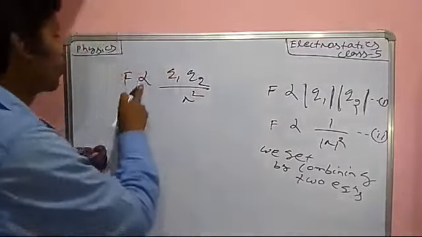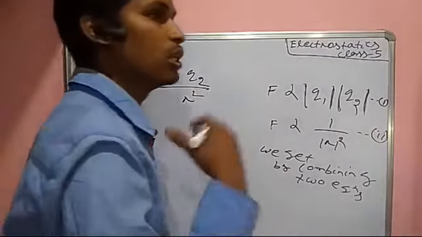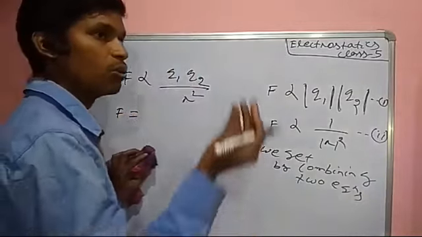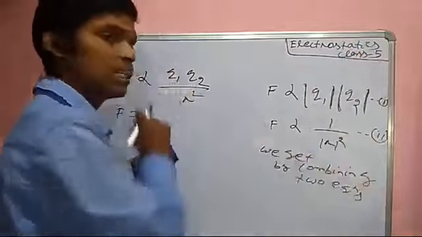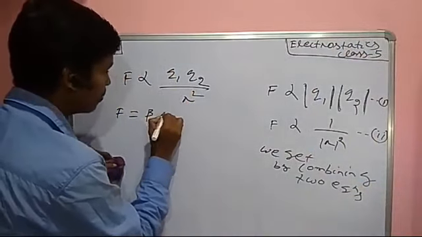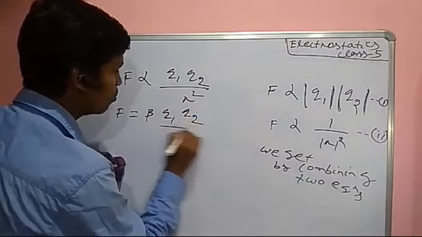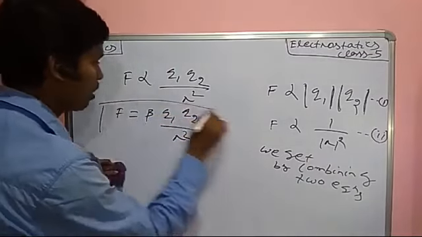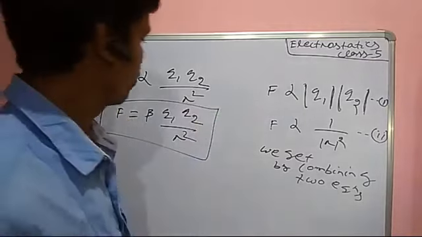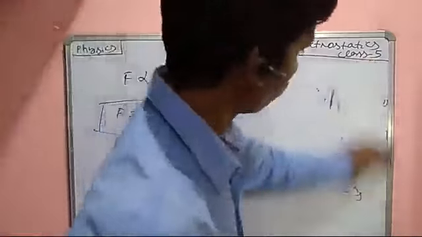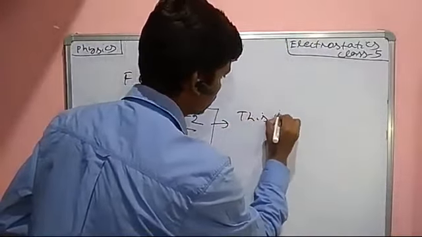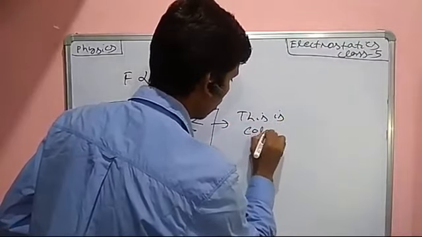Listen, if we convert proportional to equal, a constant is multiplied on the right side. So F is equal to beta Q1 Q2 by R square. This is Coulomb's law equation.